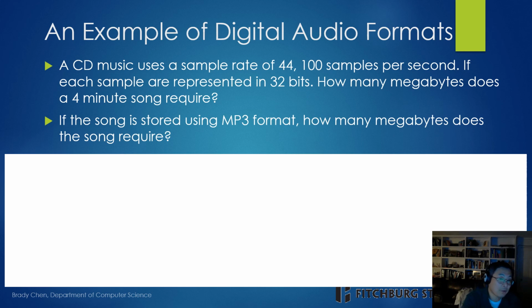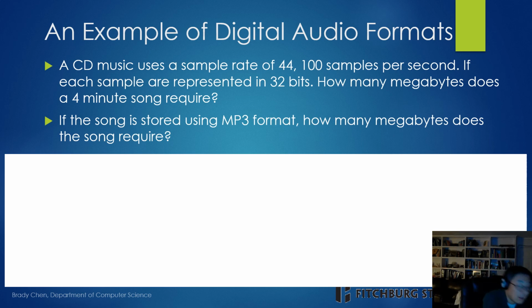The CD music format uses a sample rate of 44,100 samples per second, and each sample is represented in 32 bits. To calculate the storage space used by a 4-minute song, we need to first calculate how much storage space we need for 1 second. So let's take a look at this.